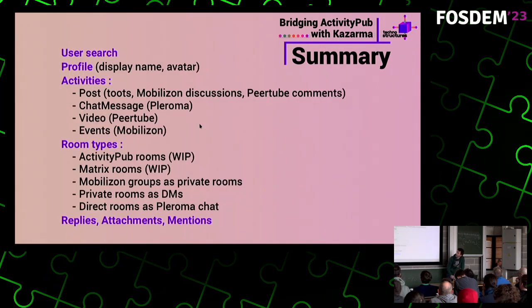So, as a summary, we bridge the user search, the profile, we bridge multiple activity types: post, chat message, video, and events. ActivityPub rooms are still to be finished.